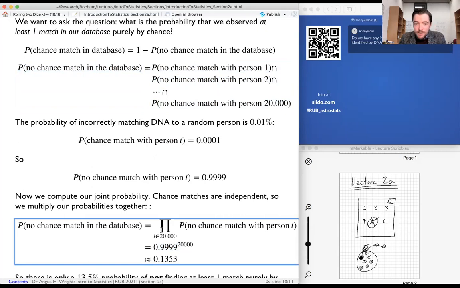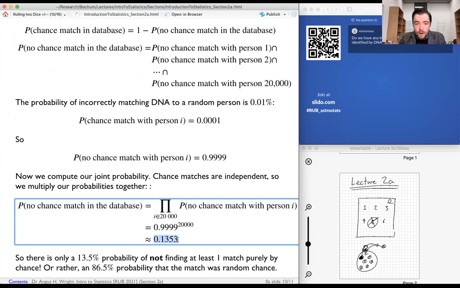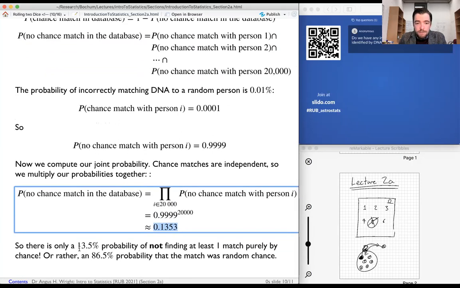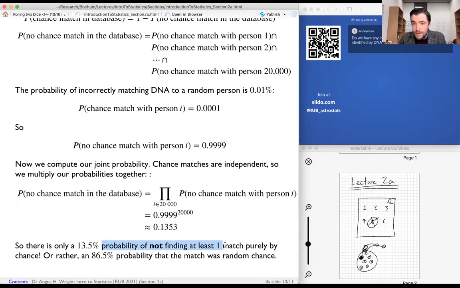That geometric product gives me the value 0.135, which means there is a 13.5% chance of not finding at least one pure chance agreement between the DNA on file and the database that we have queried. Put another way, there is an 86.5% chance that the match that we see is purely random.